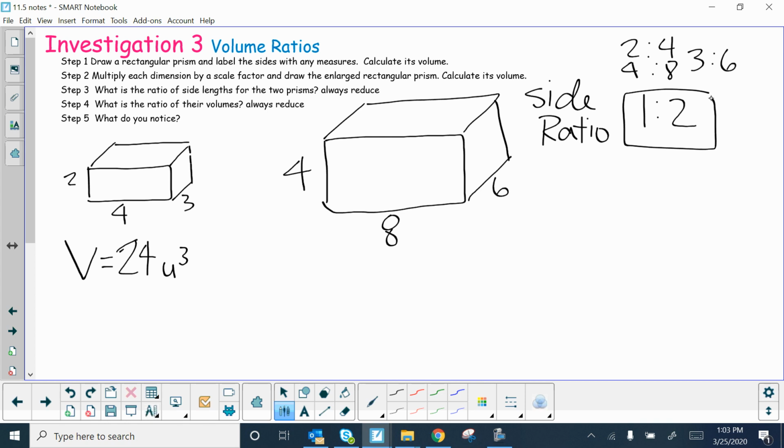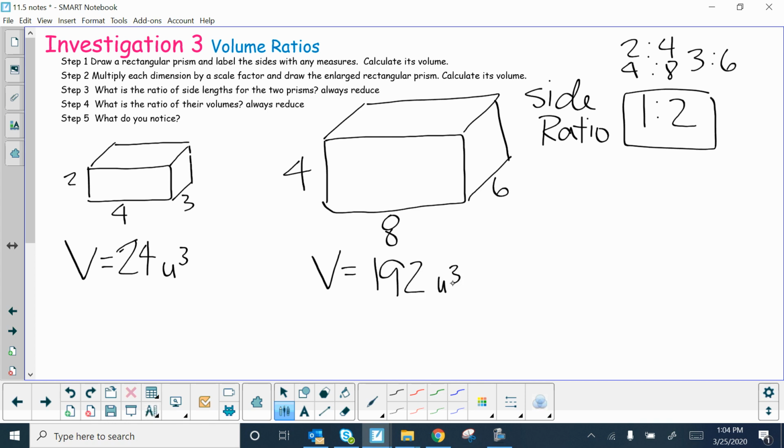So the question is what's the volume of the big one? Is it going to get twice as big also? Let's figure that out. Area of the base is 8 times 6, which is 48, times the height, which is 4. So 192 cubic units.